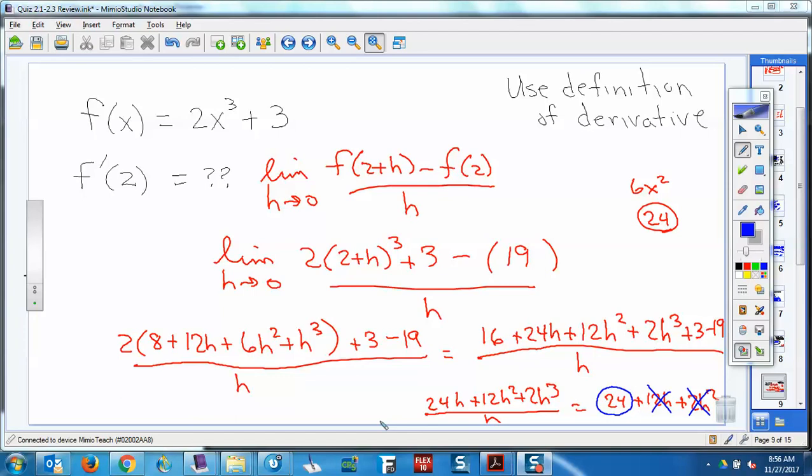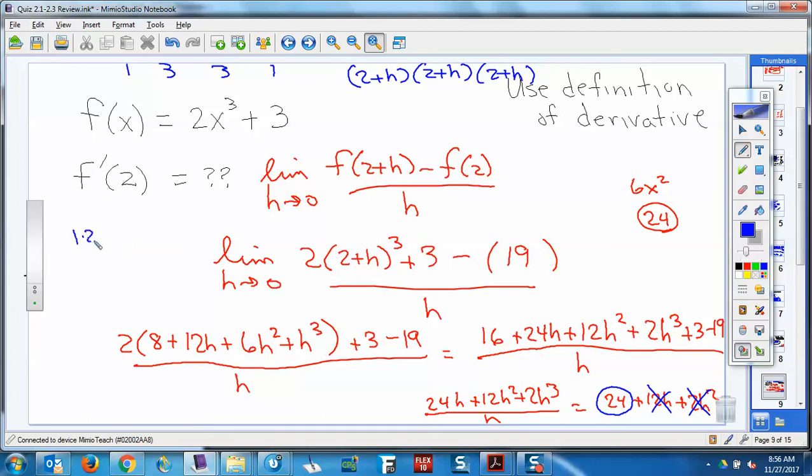Yes? You go over Pascal's, right? Yeah, again, if you don't like it, just go 2 plus h, 2 plus h, and then get that, and then take that times 2 plus h. You know what I mean? But Pascal's triangle, the row for cubed is 1, 3, 3, 1. So it would be a 1, and then the first thing cubed.